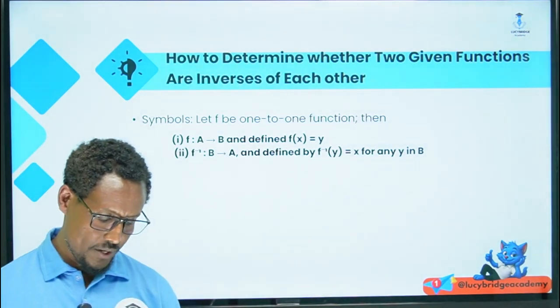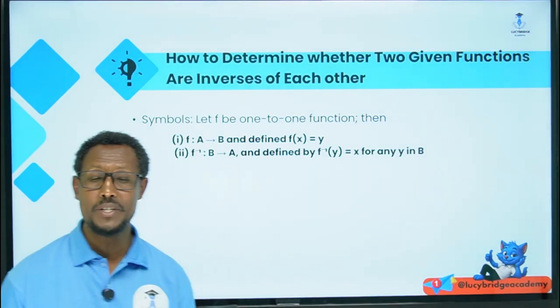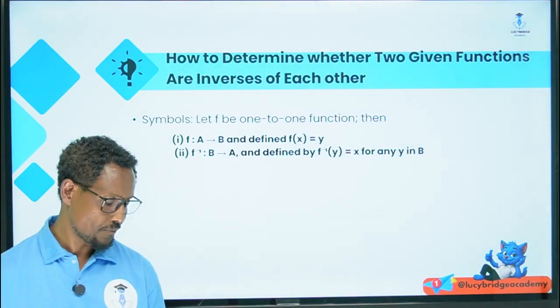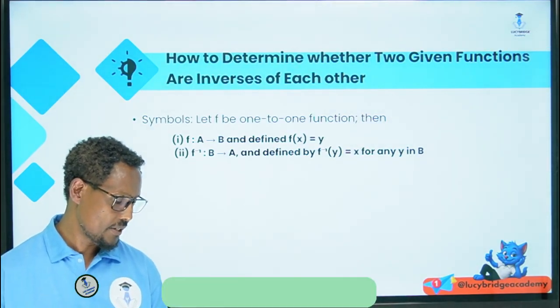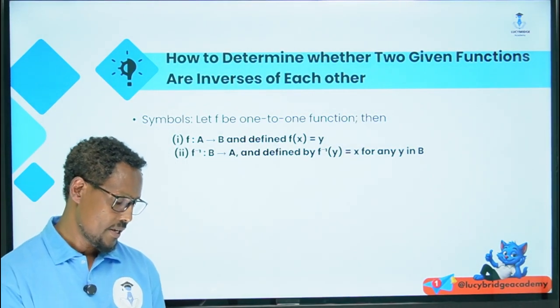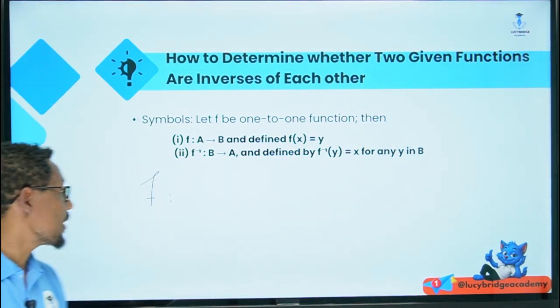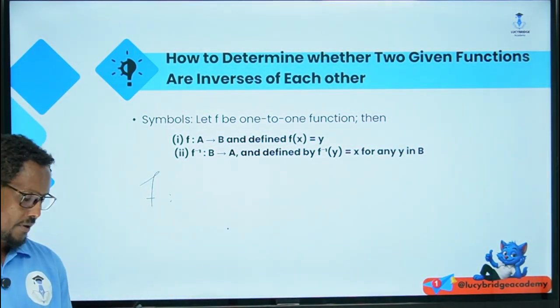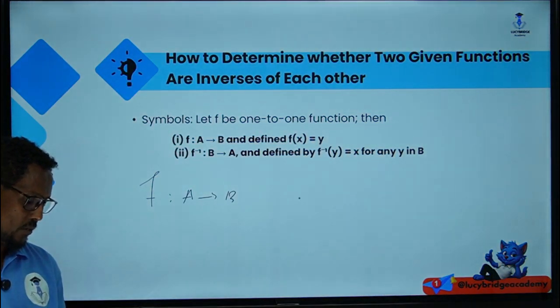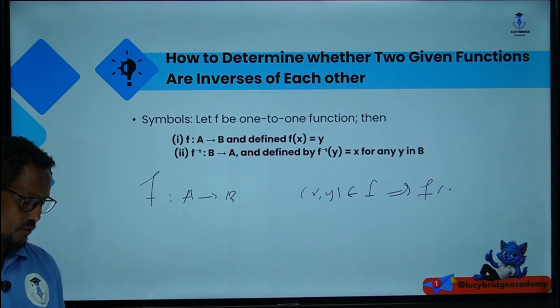Let f be a one-to-one function. That means f has an inverse, or f is an invertible function, f from A to B, defined by f of x equal to y. F inverse is from B to A, defined by f inverse of y equal to x for any y in B. We know that (x, y) an element of f implies f of x is equal to y, and again (y, x) is an element of f inverse.